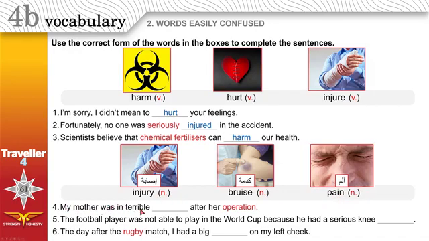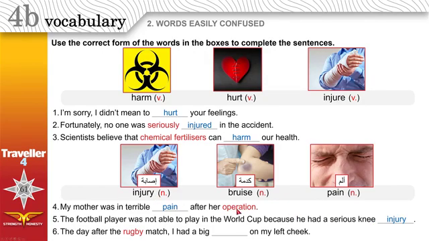My mother was in terrible... after her operation. Operation is when the doctor cuts into someone in order to repair something or remove something. She felt a terrible pain. The football player was not able to play in the World Cup because he had a serious knee injury.